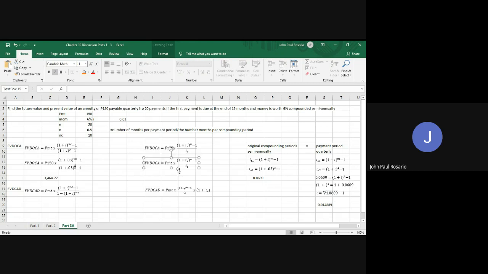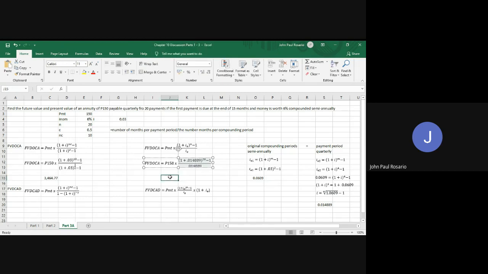Okay, so the payment is 150. And then our IE is 0.014889. Our N now is 20. Okay, and we'll replace this with 1.014889.